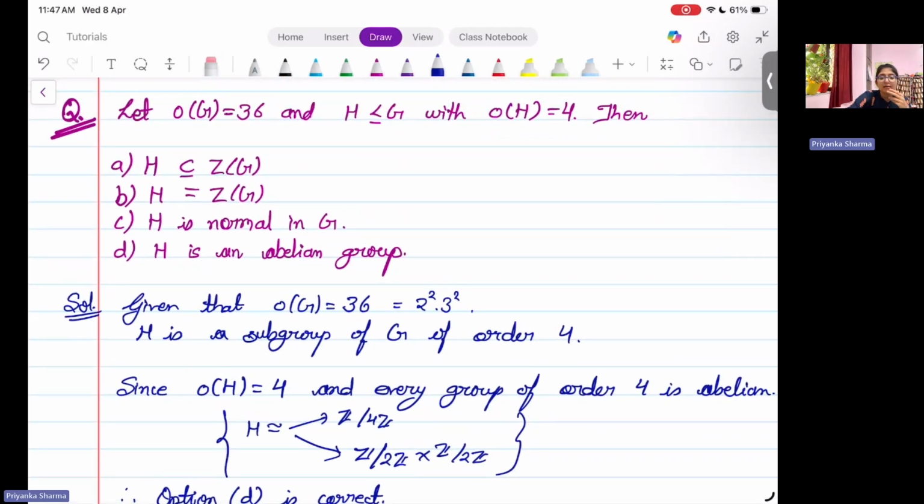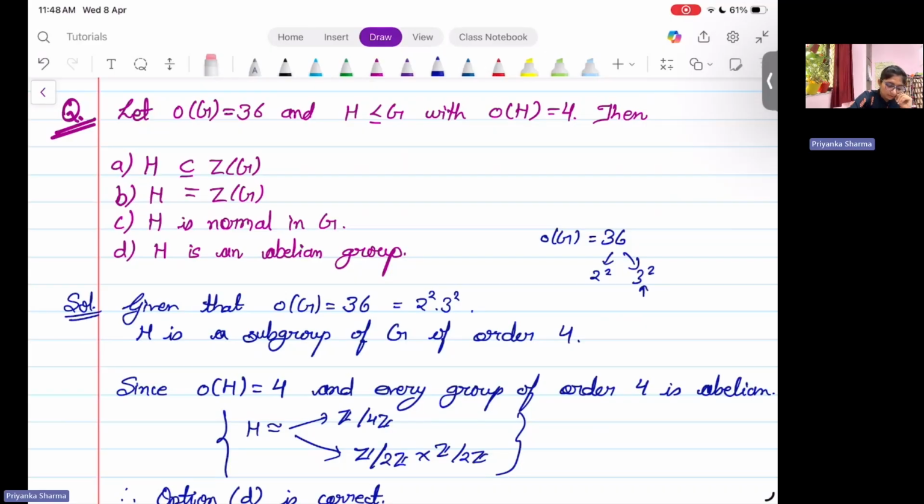Here we have the order of G as 36, and we need a non-abelian group. If we break it as 2 squared and 3 squared, for order 4 we have only abelian groups, and the same for 3 squared.